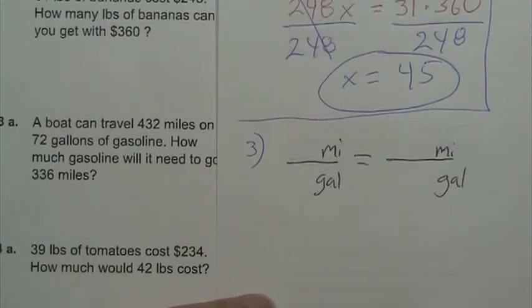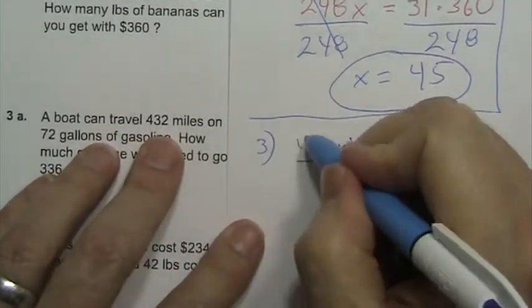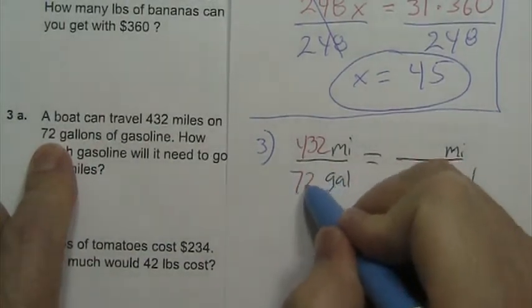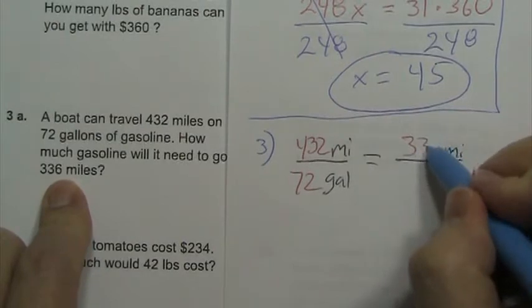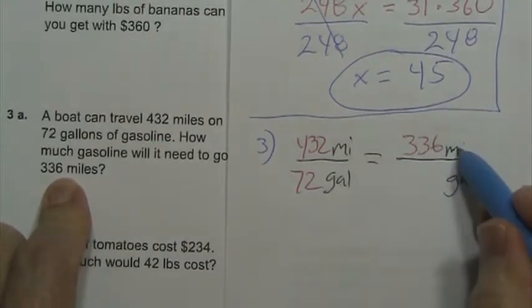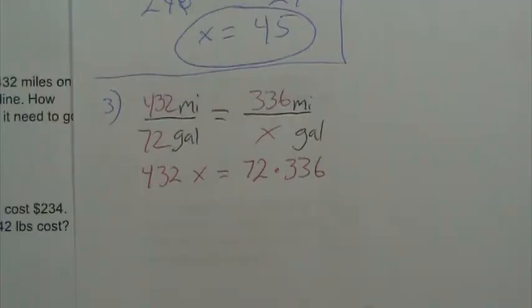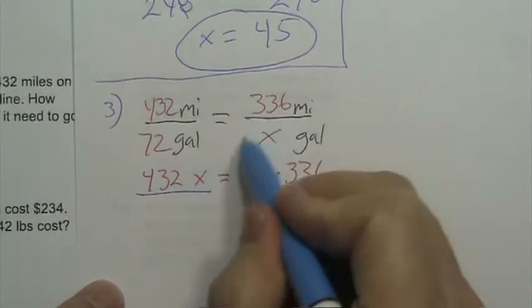So now I plug my numbers in. Let's see, I have 432 miles, 72 gallons, and then how much for 336 miles? That goes with miles. Okay, so I do cross products.